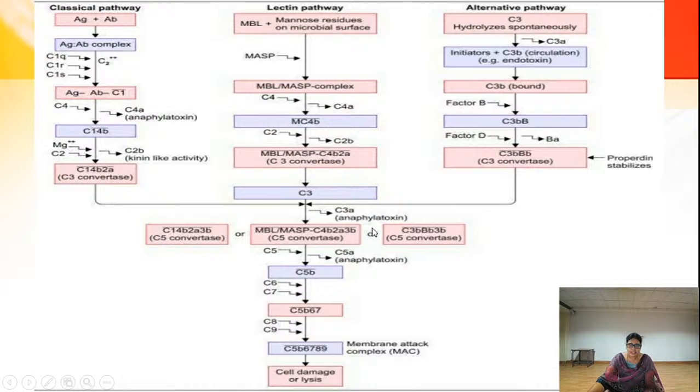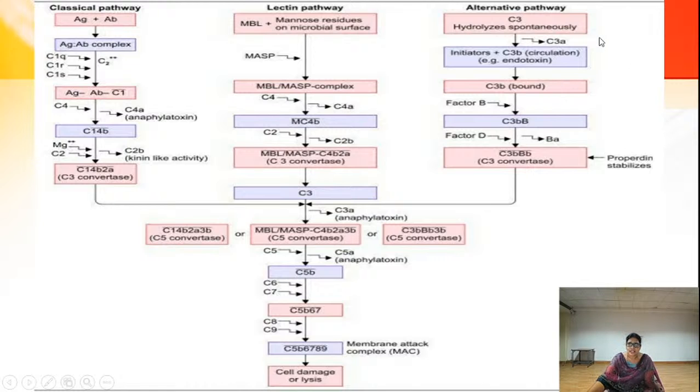So remaining all the same until C3 conversion. In this MBL MASP, if you compare, C1q is similar to MBL, and C1r and S resemble the MASP, because MBL is the binding one and MASP is the one converting C4 into C4a and b, right?